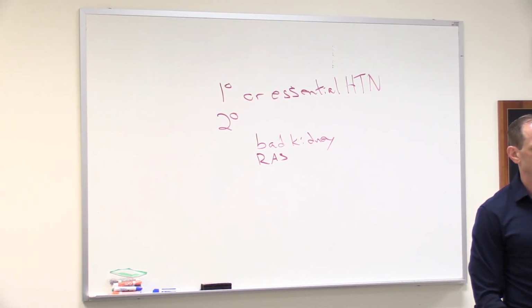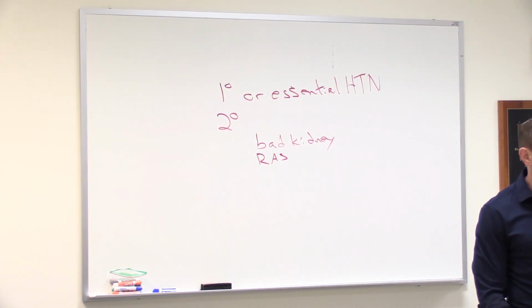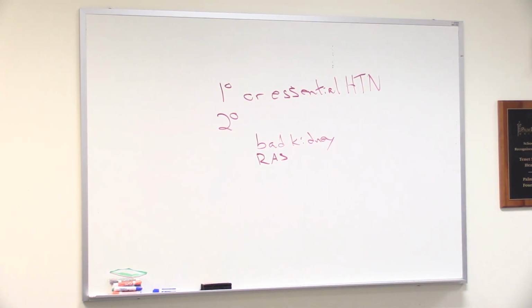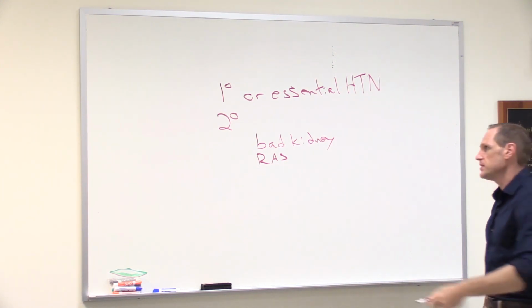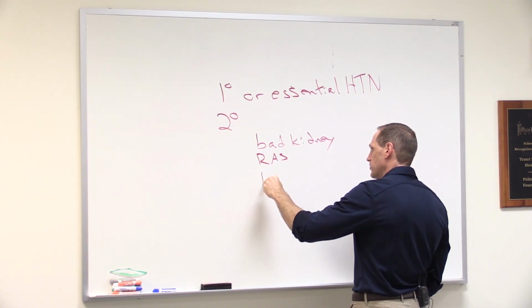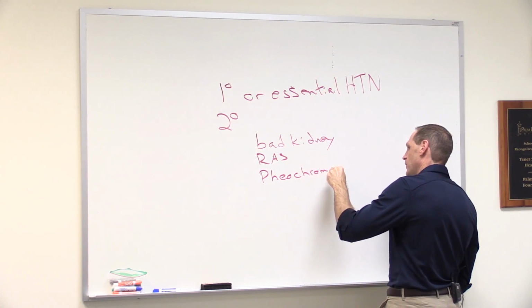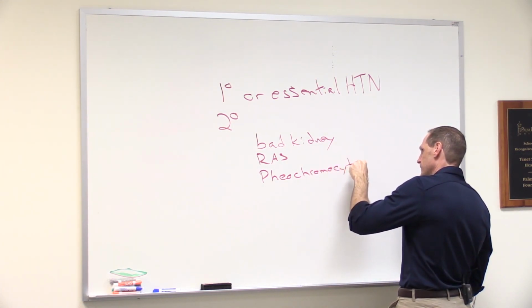It secretes renin, angiotensin, aldosterone, and that is going to in turn cause vasoconstriction and elevated blood volume. So what if a person has too much, has pheochromocytoma? What is a pheochromocytoma?